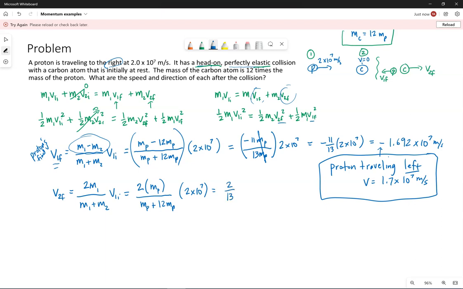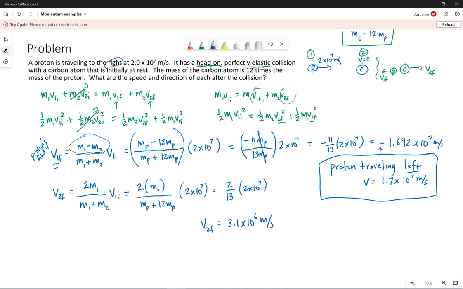So the numerator gives us 2 mass of the proton, the denominator gives us 13 mass of the proton. The mass of the proton cancels again. And I'm getting 3.1 times 10 to the 6th meters per second.